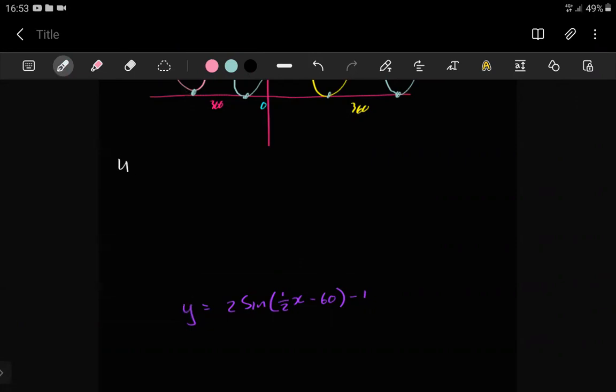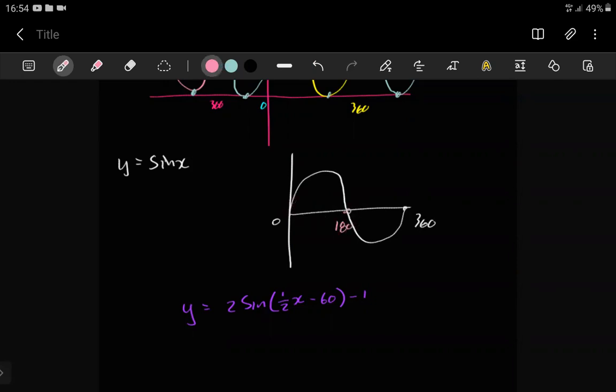So if it was a standard one, y is equal to sine x, let's visualize what we would have seen from 0 to 360. Halfway we would have an x-intercept, and then at 90 a turning point, and at 270 also a turning point.